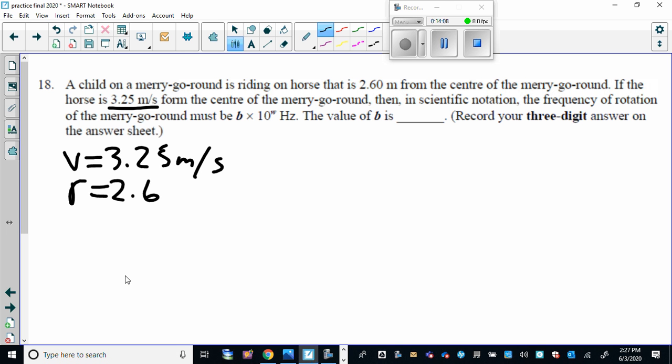The question: your child on a merry-go-round is riding on a horse that is 2.6 meters from the center of the merry-go-round. If the horse has a velocity of 3.25, then the frequency of the merry-go-round is? What we're going to have to do here is first calculate the period and then change that to frequency.